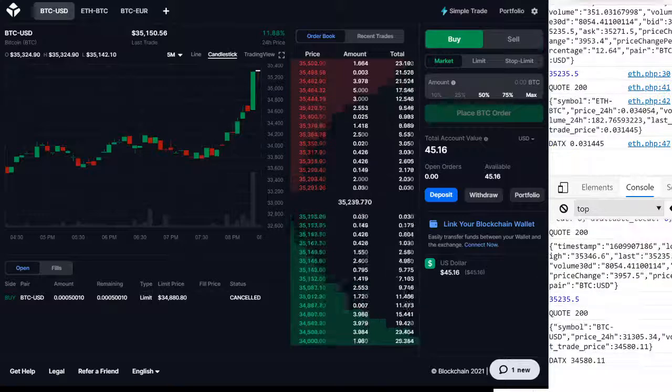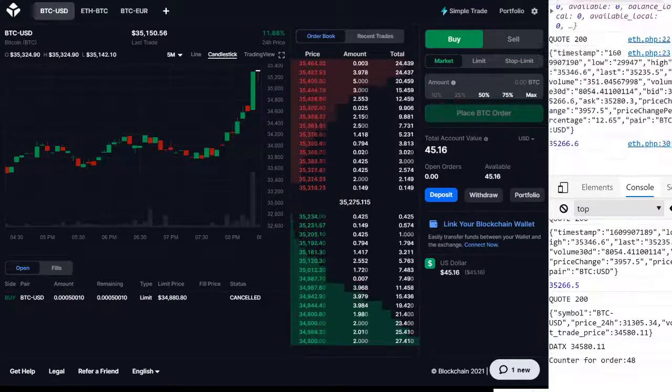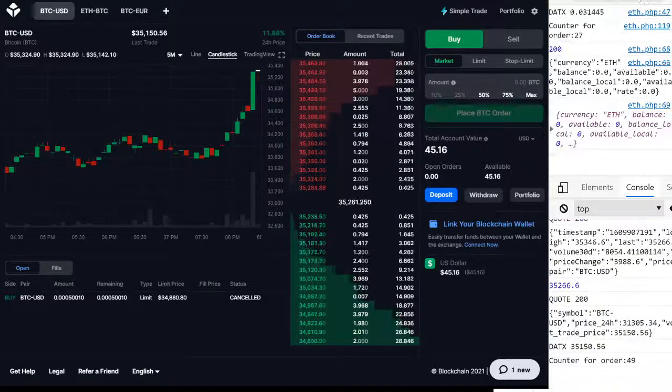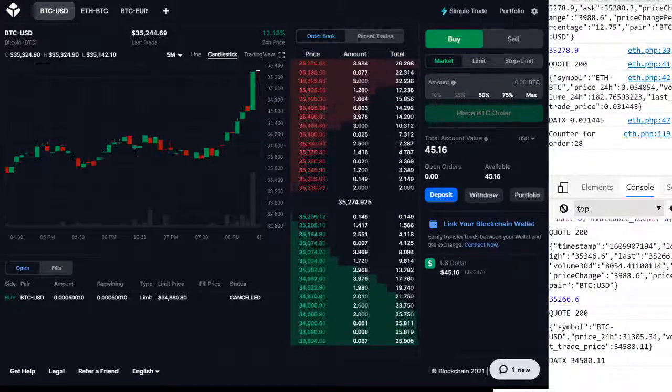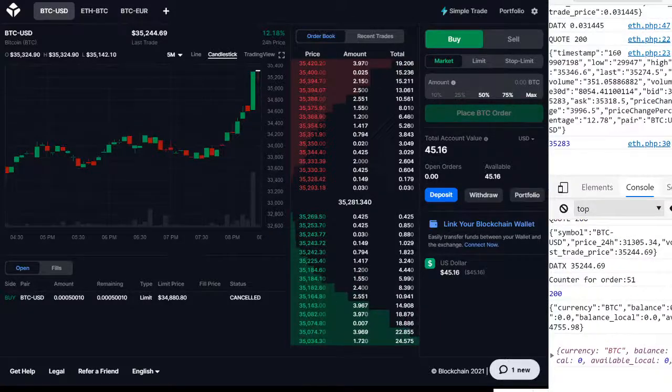So, probably for the best though, because if the market doesn't pull back, you're not going to get a fill down there at 34,800. So, we're adjusting, and we'll see what happens here.